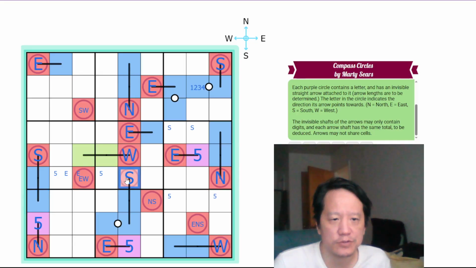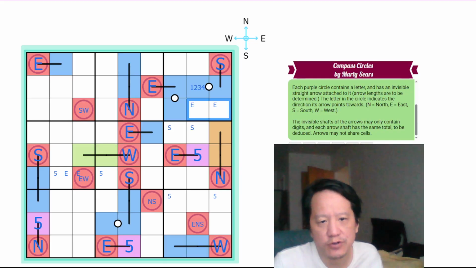This is blue also. We don't know which coloring that is, though. Let's make these specific. This is orange. This is 5 or it's green, going this way. East cannot be any of these.